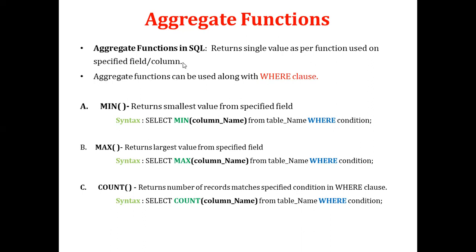That is, if you want the number of records based on some condition, for example how many students are present in the class, that count can be achieved with the help of an aggregate function. It returns only a single value based on the functions or conditions used in the query.